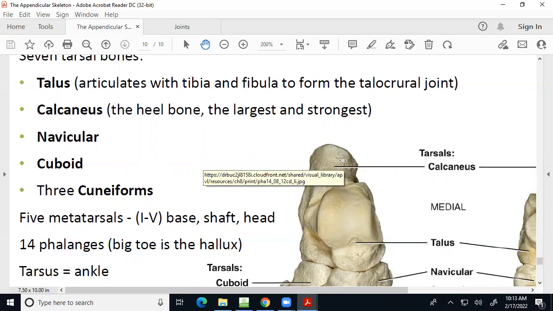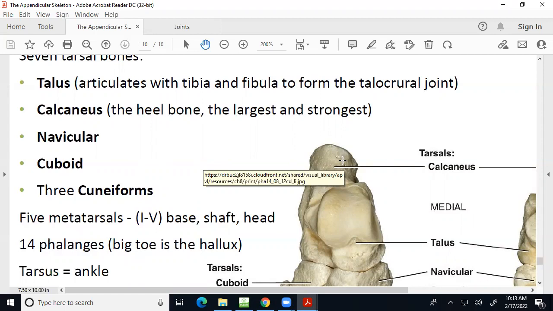There were 8 carpal bones, so there's only 7 tarsals. These help form our ankle. It includes a singular talus, a calcaneus, navicular, a cuboid, and then 3 cuneiforms. There's a first, a second, and a third.